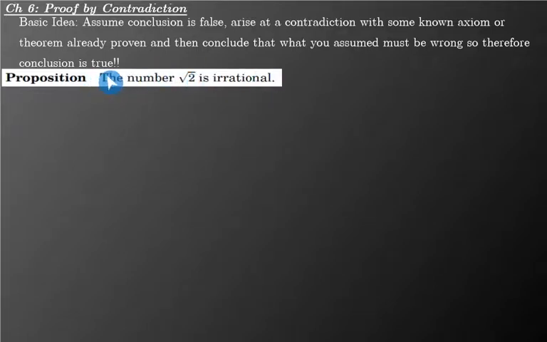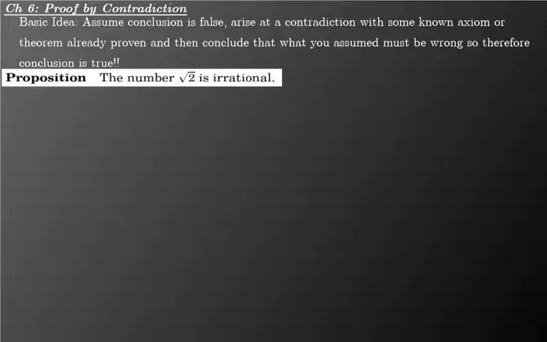If you tried to prove that root 2 is irrational directly, you would probably hit a wall right off the bat. It's just too hard to prove some simple things like this directly. So this is a classic contradiction proof.